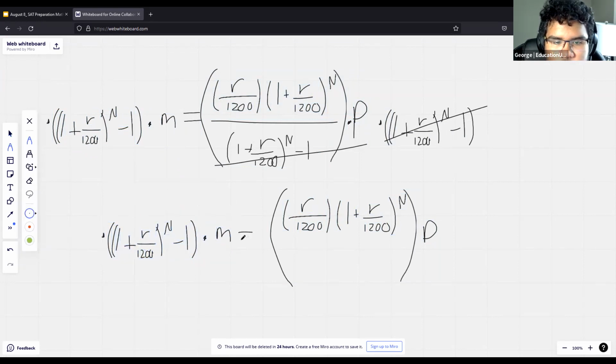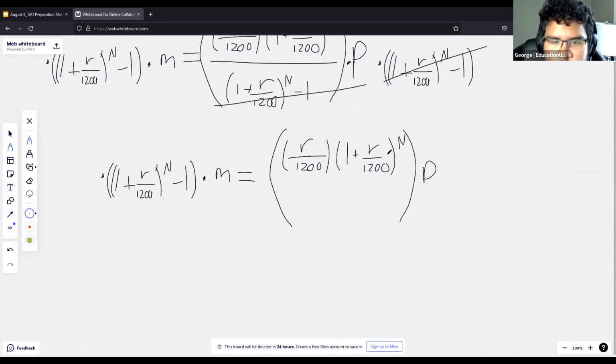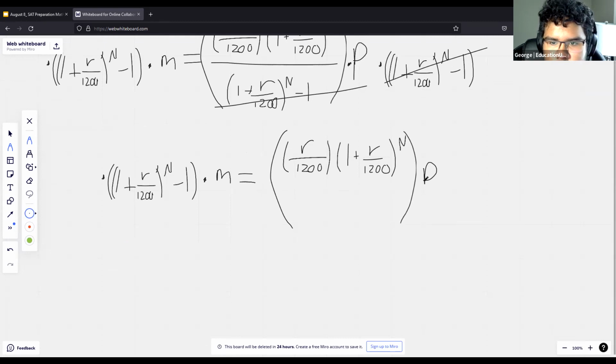So we are therefore left with this. On one side we have P times whatever was on the top half of the equation, and M times what was on the bottom half. And from here, we can just divide both sides by the top half. And we get this.